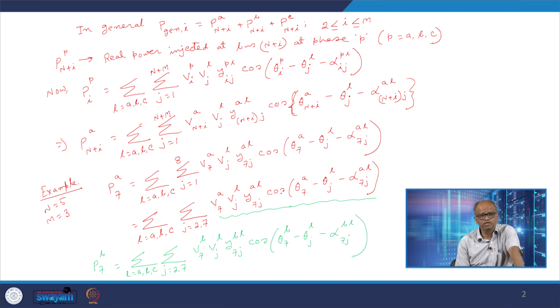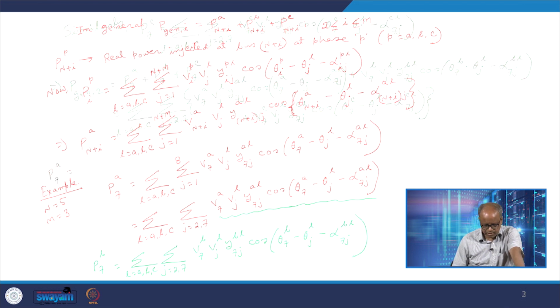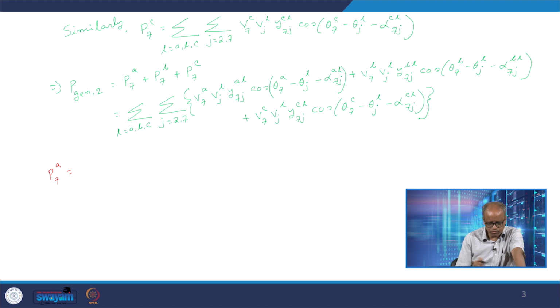Now cosine alpha 77AA is nothing but G77AA. So then P7A would be equal to V7A square G77AA, plus then all the other terms.